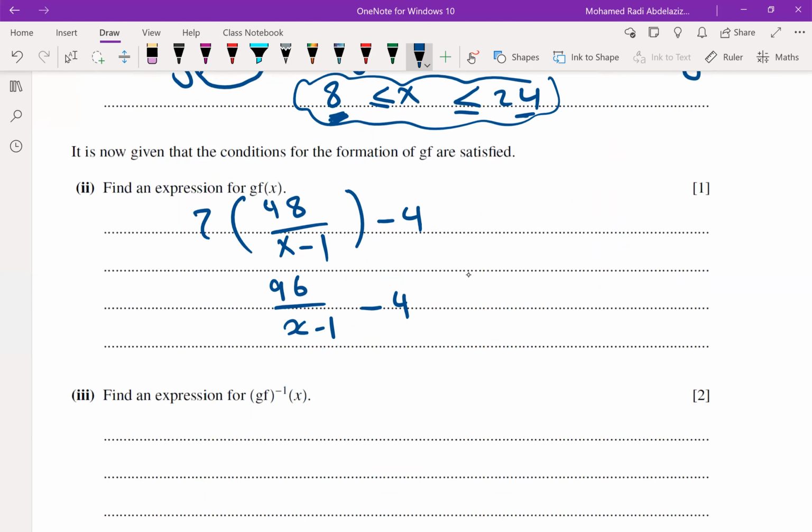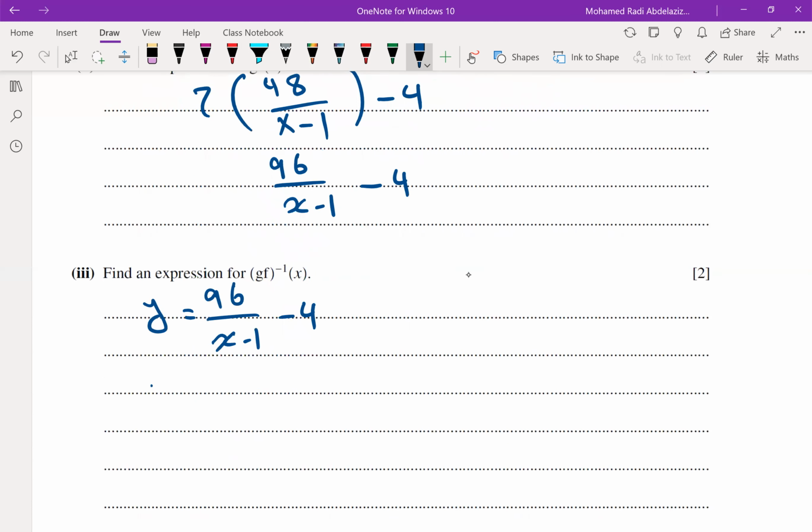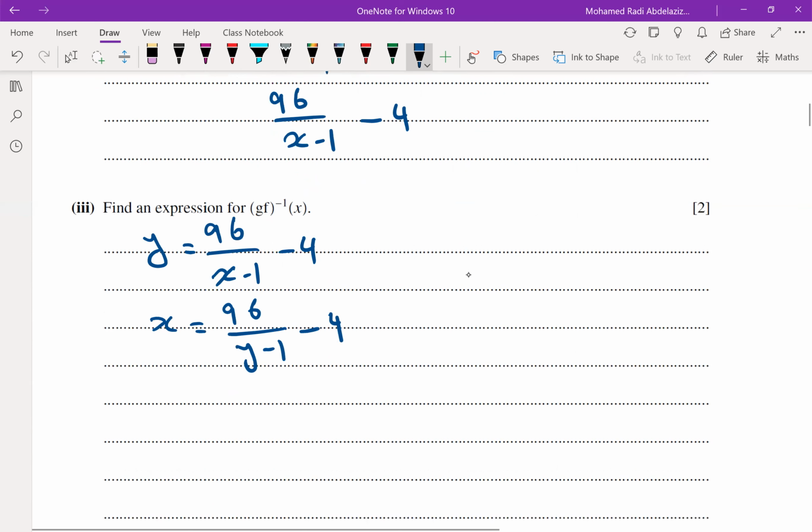Find an expression for gf inverse. We already have gf. To get the inverse, start with y is equal to 96 over x minus 1, minus 4. Switch y and x, so x is equal to 96 divided by y minus 1, minus 4. Move negative 4 to the other side: x plus 4 is equal to 96 divided by y minus 1.